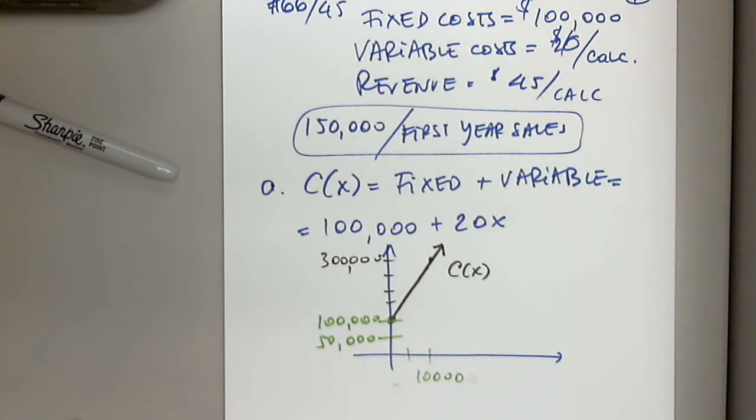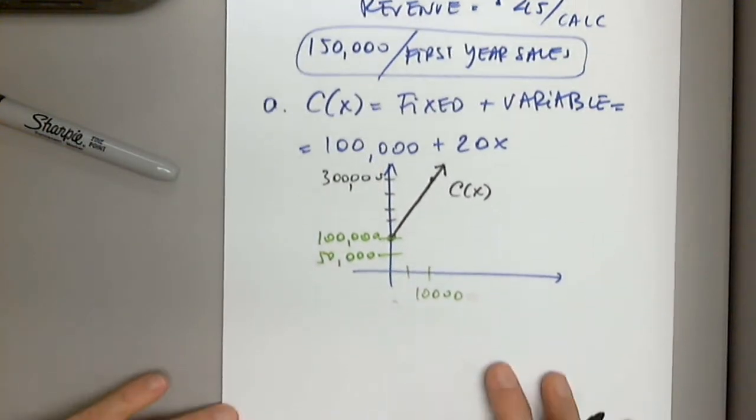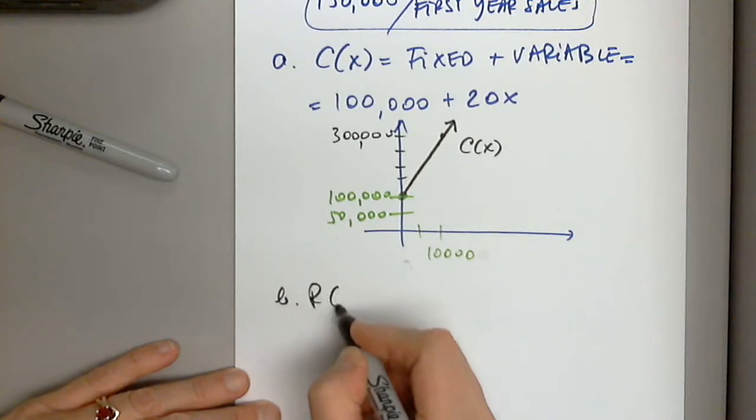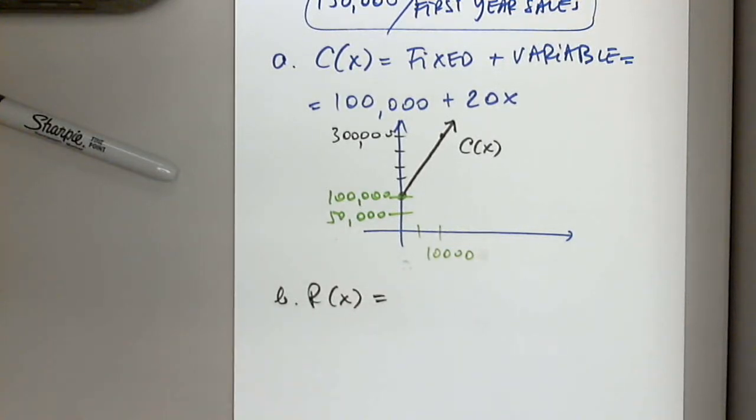Part B. Using the same axis as in Part A, find and graph R of X, the total revenue for the sale of X calculators. Can anyone give us the formula for R of X, knowing that the revenue for each is 45, and now we want to manufacture and sell X?